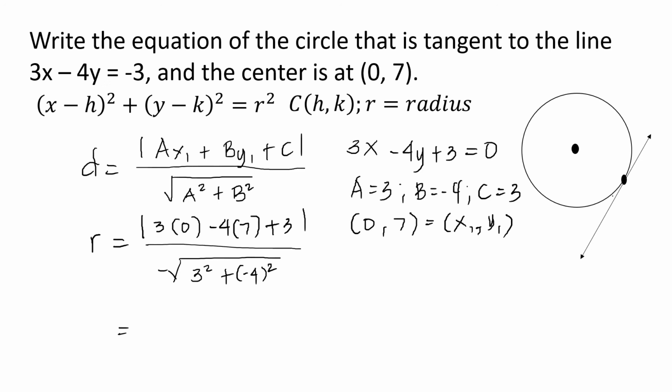So we have 3 times 0 is 0. Negative 4 times 7 is negative 28 plus 3, that is negative 25.